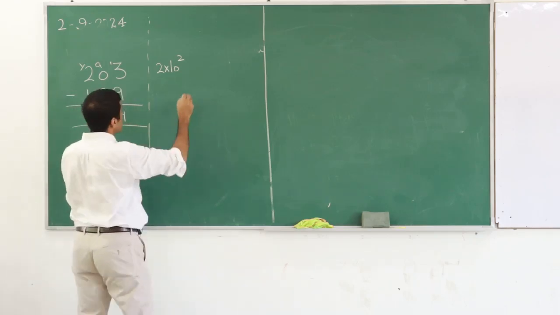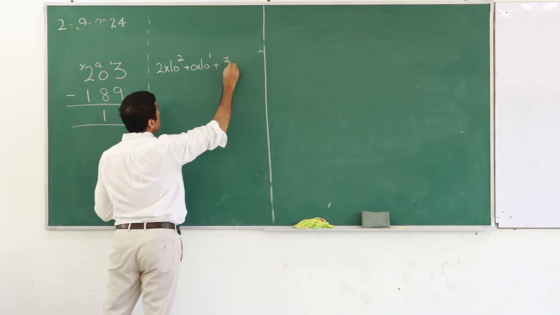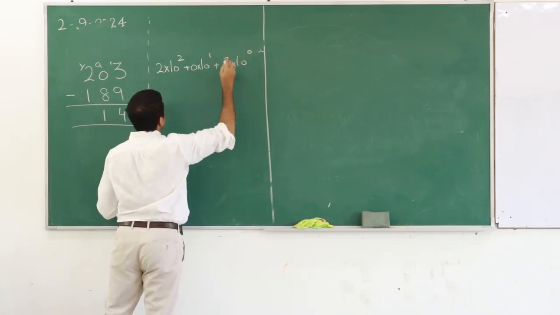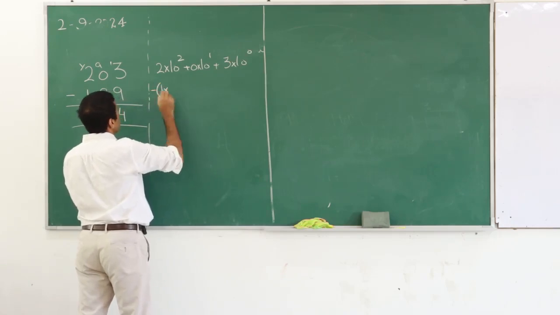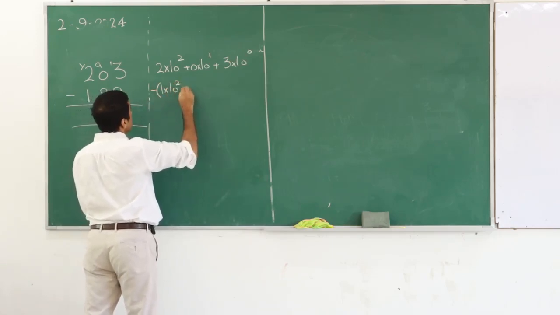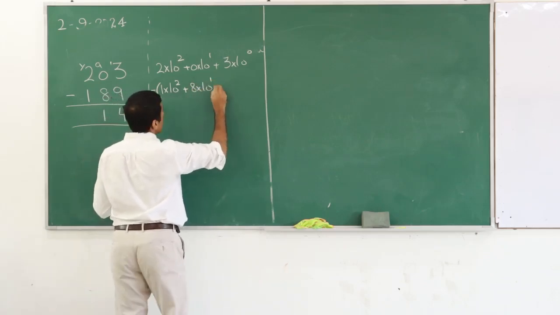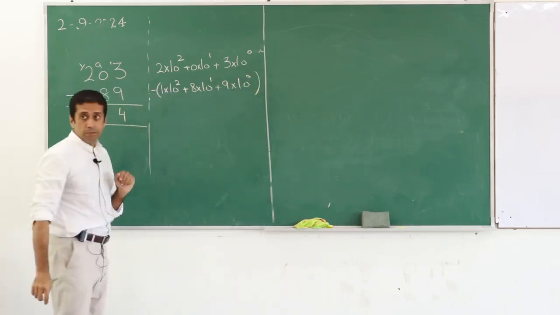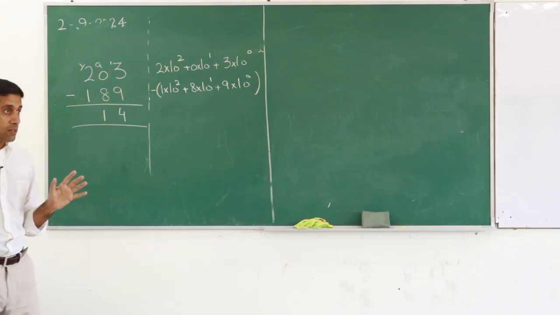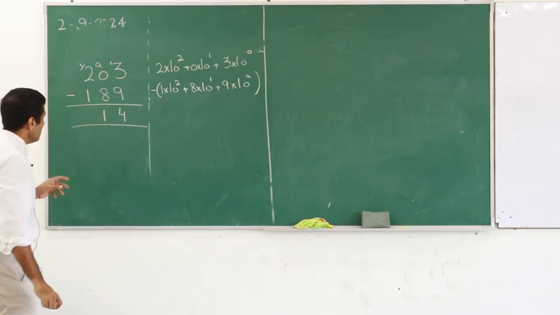Okay. 2 into 10 raised to the power 2 plus 0 into 10 raised to the power 1 plus 3 into 10 raised to the power 0, minus, in parentheses, 1 into 10 raised to the power 2 plus 8 into 10 raised to the power 1 plus 9 into 10 raised to the power 0. Right? Same thing? Does anyone have any objection so far? All good? Okay.